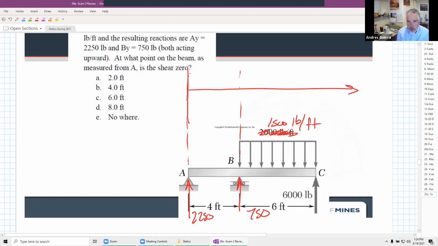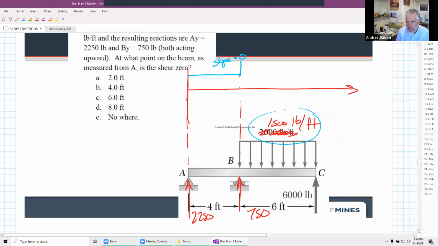Our shear diagram is going to start out at 2250, and it's going to be a straight line because our slope is equal to 0 because the distributed load is equal to 0. And then this 750 is going to pop up that shear by 750.